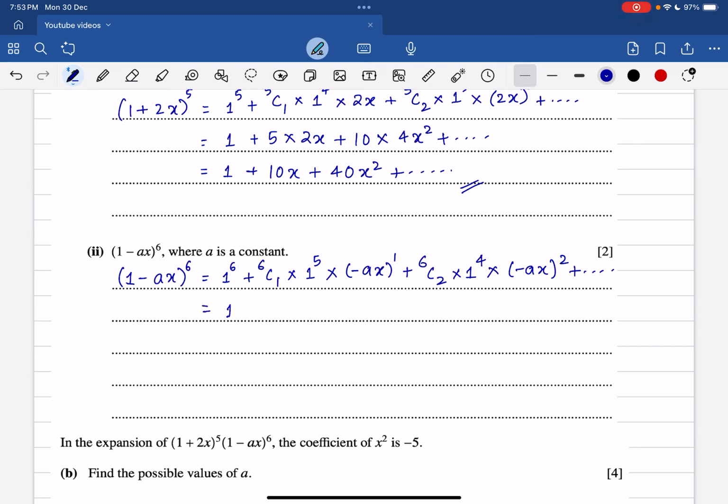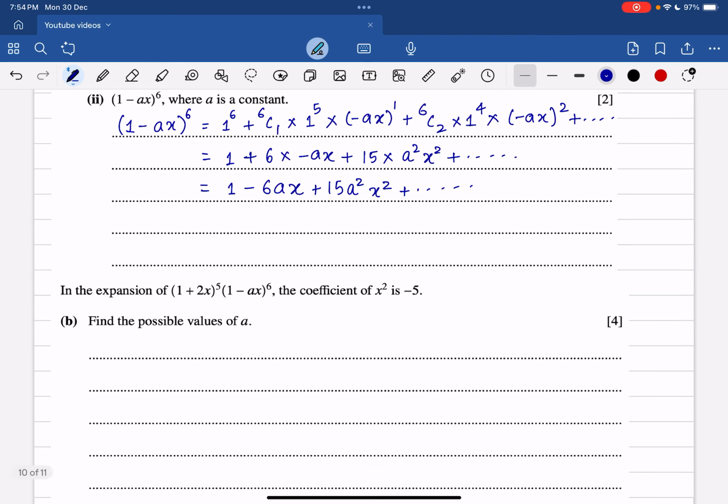That makes it 1 plus 6 times negative ax plus 6c2. 6c2 gives me 15. 15 times a squared x squared plus dot dot dot. That makes it 1 minus 6ax plus 15a squared x squared plus dot dot dot. That gives you 2 marks, right?